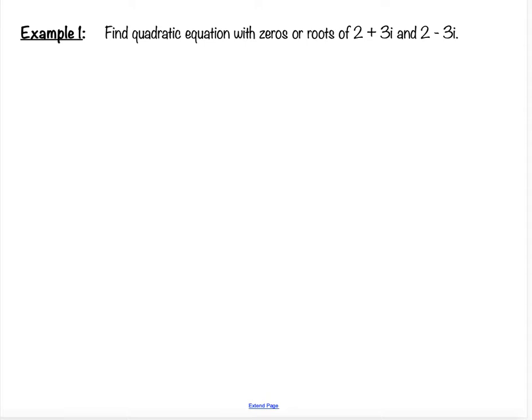So our example there says find a quadratic equation, so that's a degree of 2. And we're told that we have 2 roots, and those would be the only 2 roots because it's a degree of 2. So it's up to you how you want to do this.